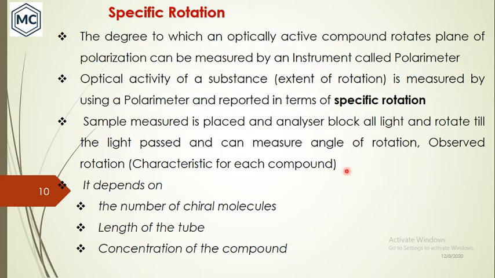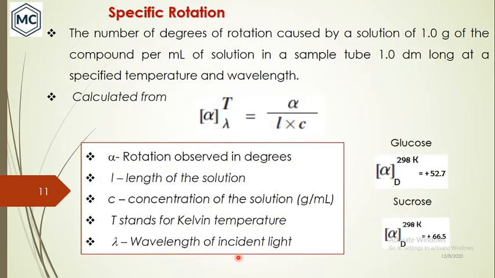That is called observed rotation, and this observed rotation is characteristic for each compound, and it depends on the number of chiral molecules, the length of the tube, and the concentration of the compound. And what is specific rotation? The number of degrees of rotation caused by a solution of 1 gram of compound per 1 ml of solution in a sample tube 1 decimeter long at a specific temperature and wavelength.